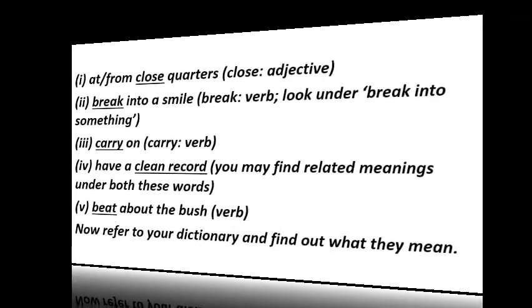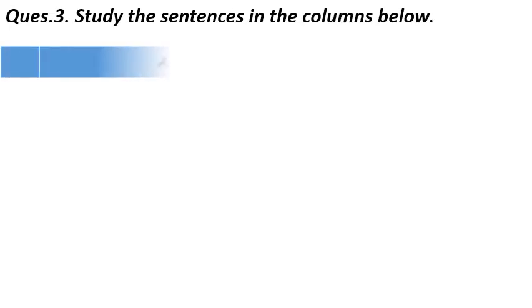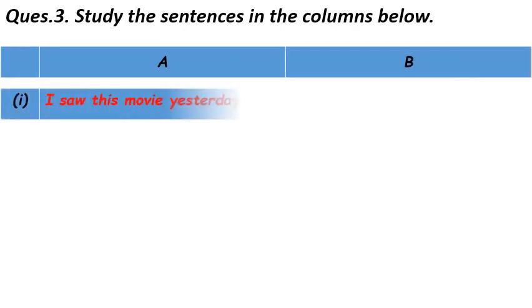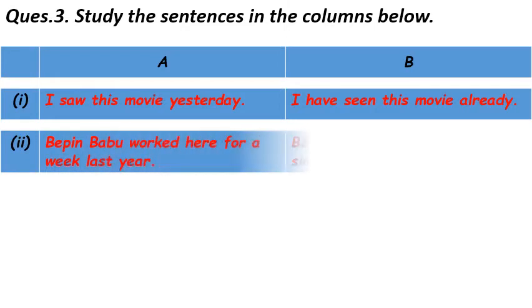Question number 3 is, study the sentences in the columns below. A, number 1 is I saw this movie yesterday. B, I have seen this movie already. A, B part is Bipin Babu worked here for a week last year.